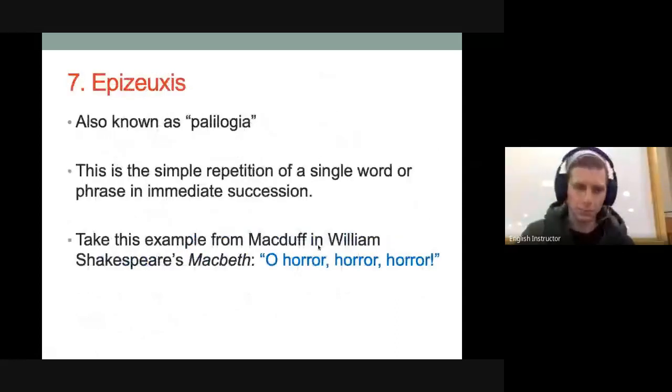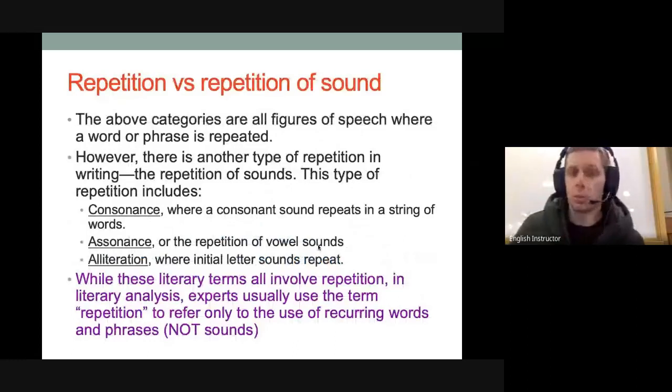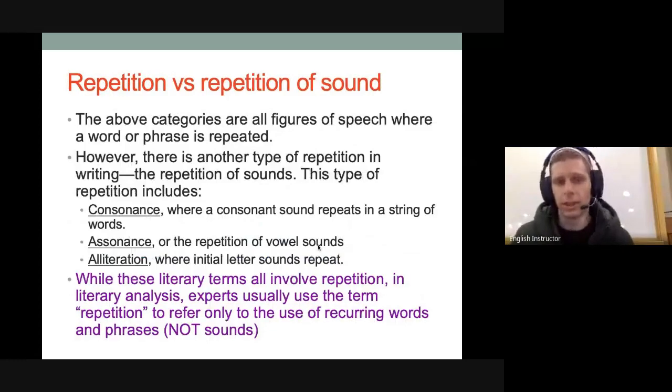And then something else, just to clarify, repetition in this instance is specifically the repetition of words or phrases. We're not necessarily talking about the repetition of sounds. The repetition of sounds is slightly different. Those would be things like consonants, where you repeat a consonant sound.